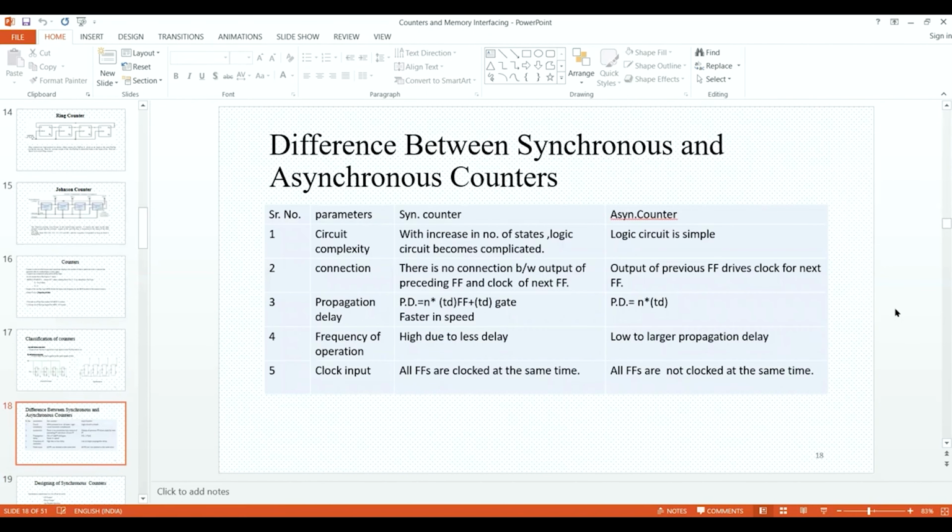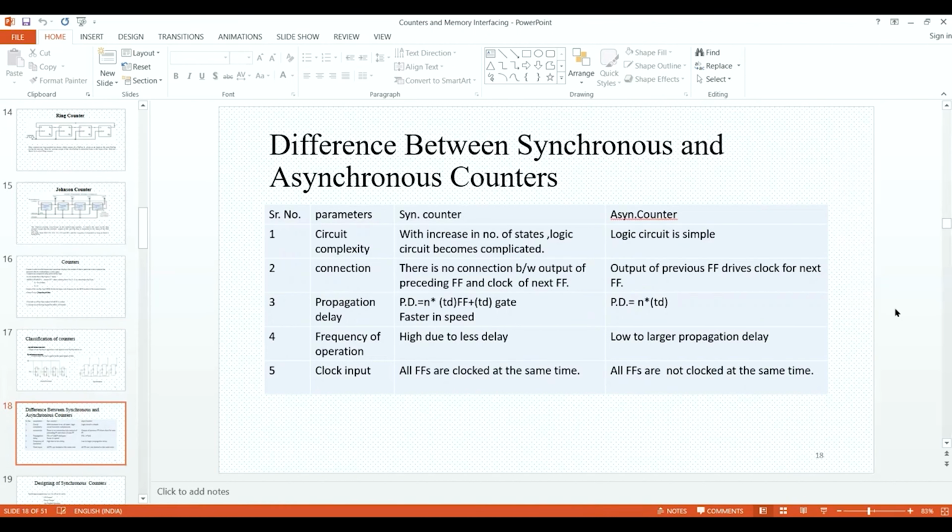Now you can see that we summarize the difference between synchronous and asynchronous counters. In a synchronous counter, with an increased number of states, it becomes complicated because the clock pulse has to be the same.